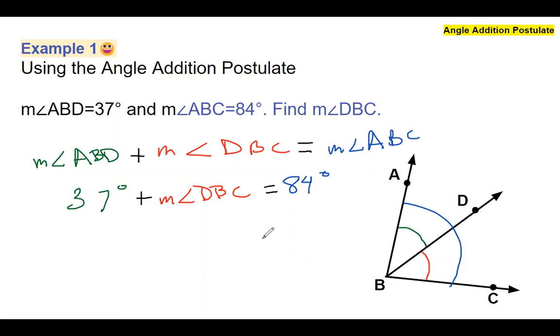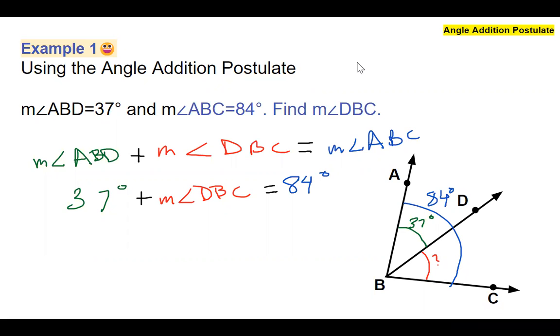How do I solve for that? What would I do? Saying that 84 degrees is what measures the entire angle. This little piece that we have here is 37 degrees, and it's asking us to find this missing information. How would we find it? We're going to do inverse operation. So we're going to have to subtract 37 on both sides.